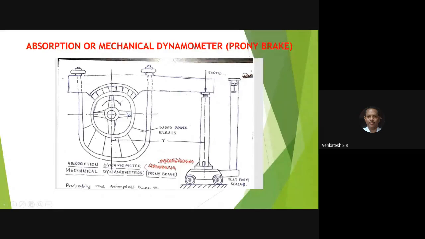The shaft is connected to the beam, which exerts the force on the platform scale. We can measure the torque of the engine. This is the absorption type of dynamometer or mechanical dynamometer or Prony brake.